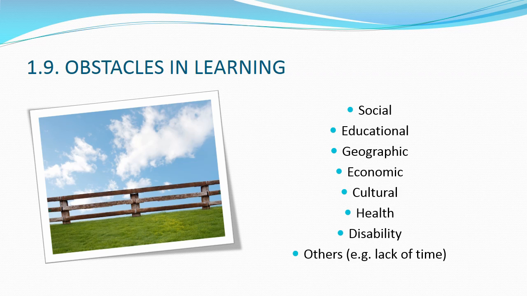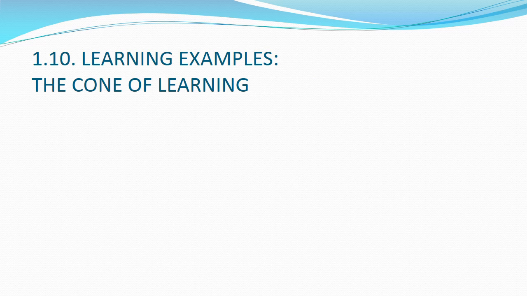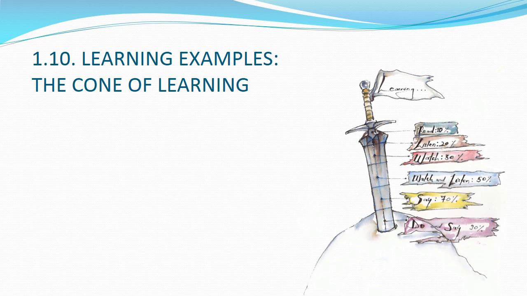Edgar Dale's cone of learning is a classic example. In a nutshell, the idea behind it is that in order to efficiently learn something and remember it, we should involve in active learning. Just reading some material or listening to the teacher won't help us remember much when the class is over.